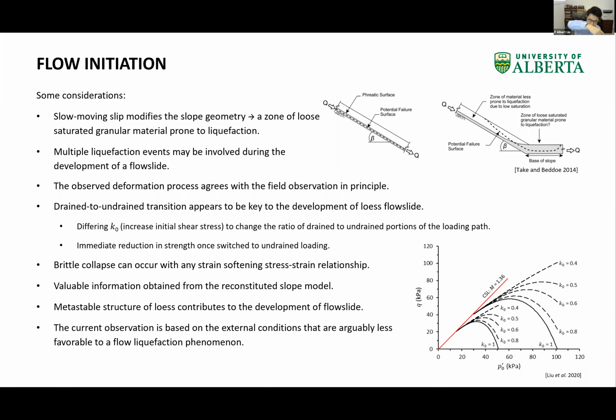The direction of the rotation of the centrifuge is actually against the principal direction of the flow slides that we have observed. So if anything, we are creating a condition that is more difficult for flow liquefaction to develop rather than facilitate the development of that landslide.